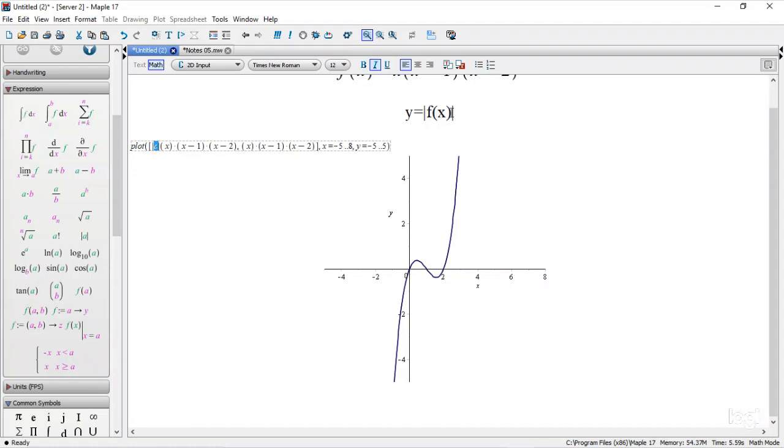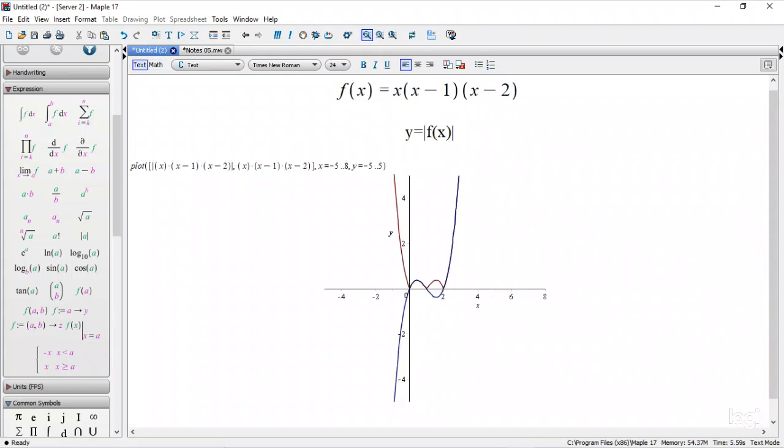So |f(x)| means the command is given to chop all the negative values of the graph. Let me try.